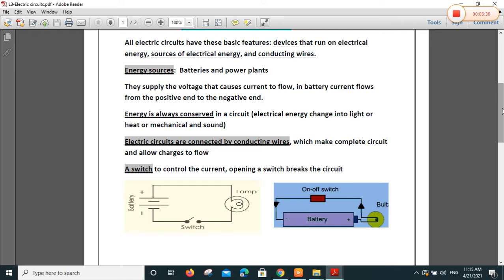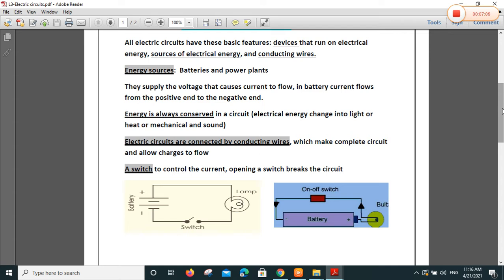Electrical energy changes to heat, or into light, like the bulb that lights up. A toaster or microwave changes electrical energy into heat energy. Any instrument that produces sound changes electrical energy into sound energy, and so on. So energy is always conserved. This is number one, energy sources.